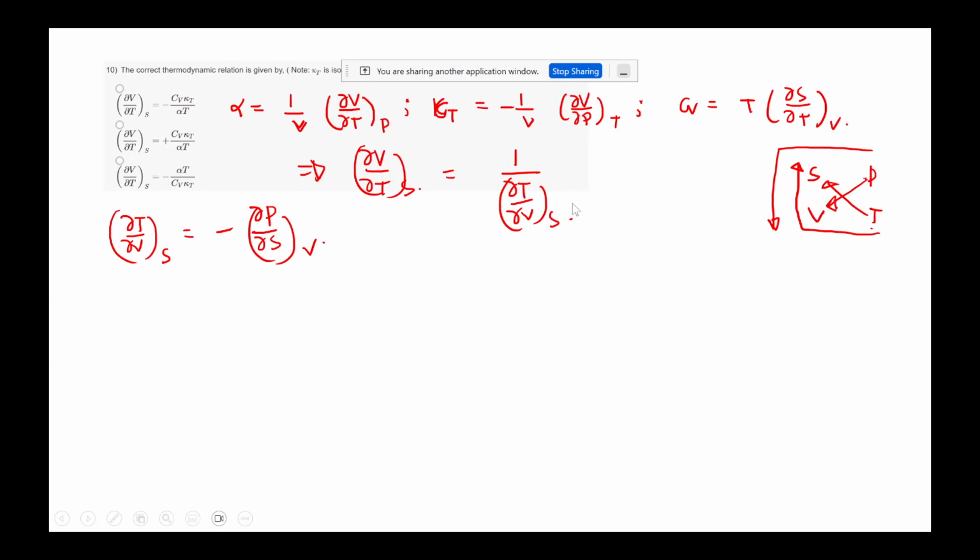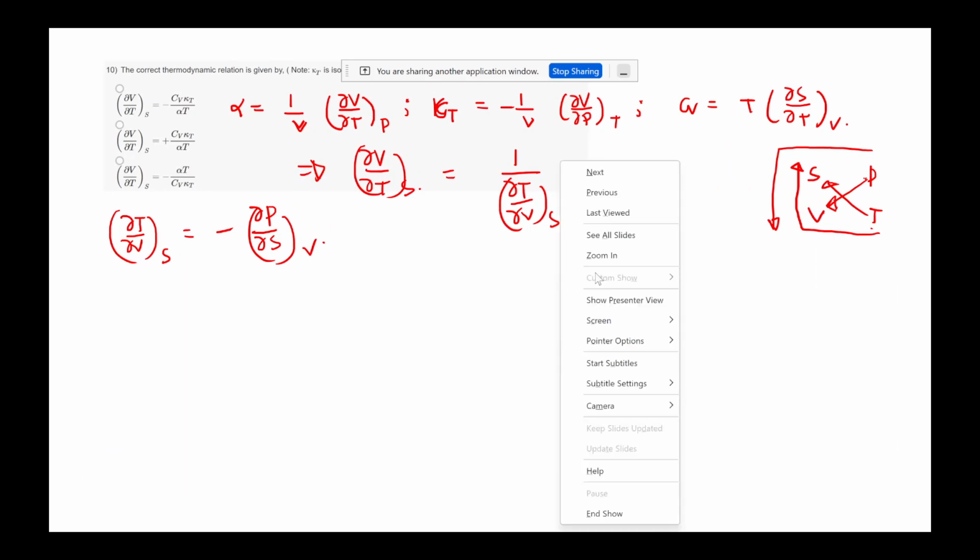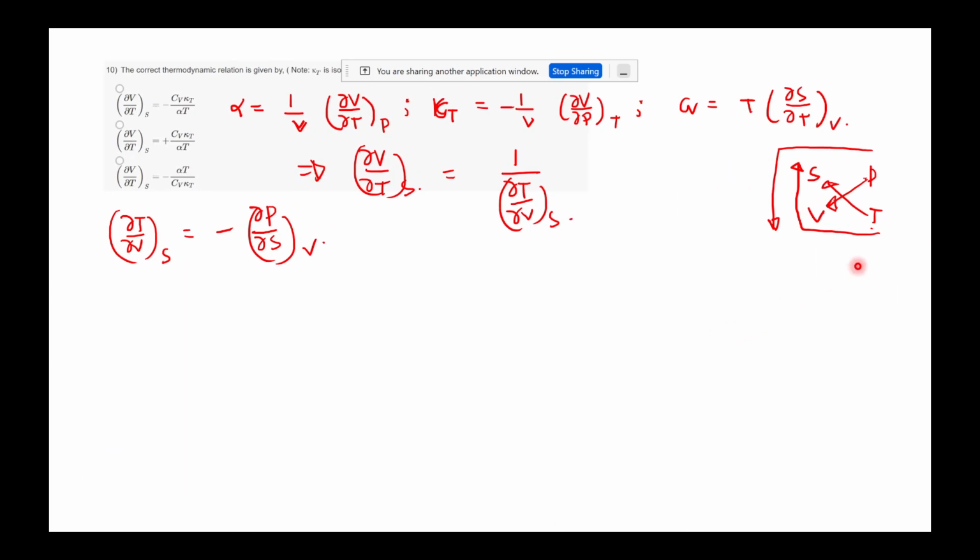So to formulate del T del V at constant S, we have to do it like this. Inverse of that: T V S means del T del V, T in the numerator, V in the denominator, and S constant.